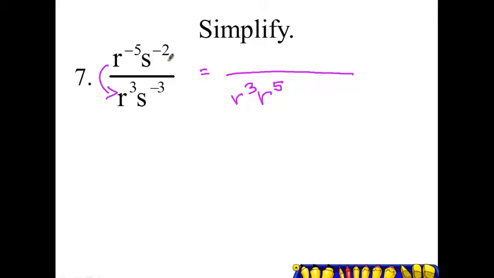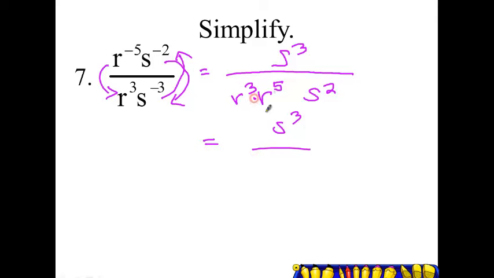S raised to negative 2, move it and lose the negative sign. I have s raised to negative 3 in our denominator, move it and lose the negative sign. So you will have s cubed, r cubed times r^5, keep the base, add the exponents, times s squared.